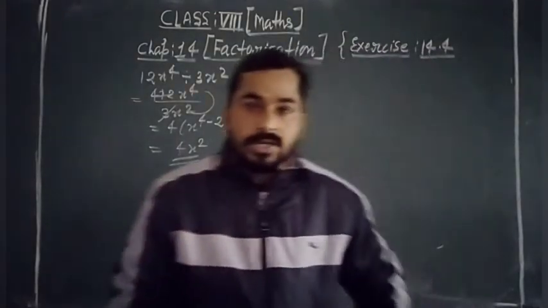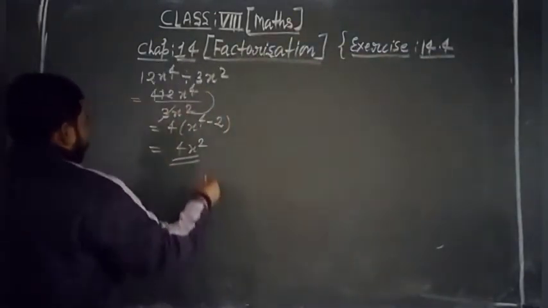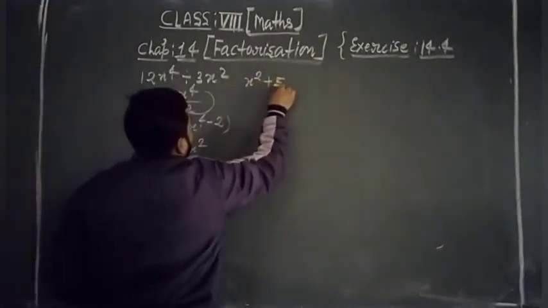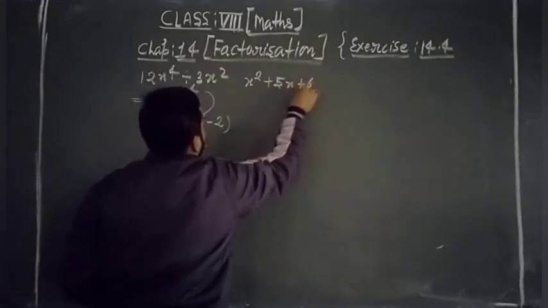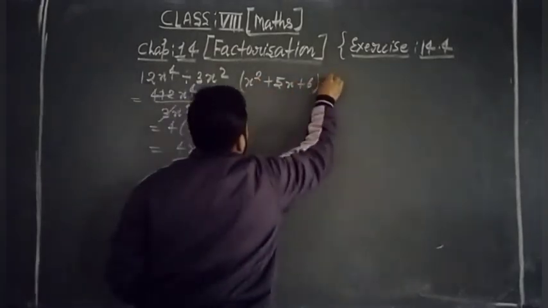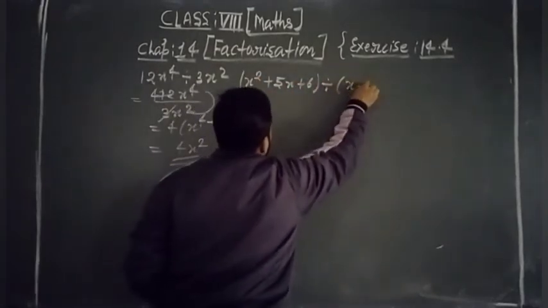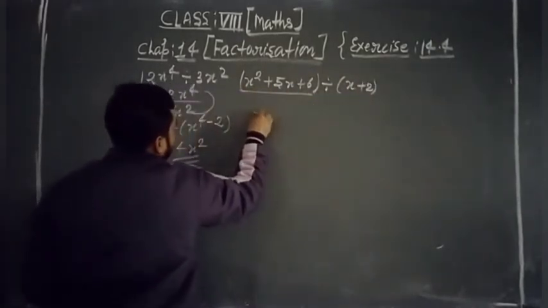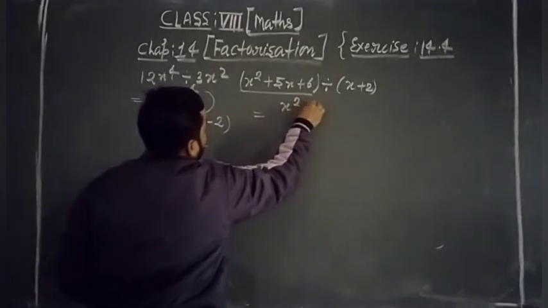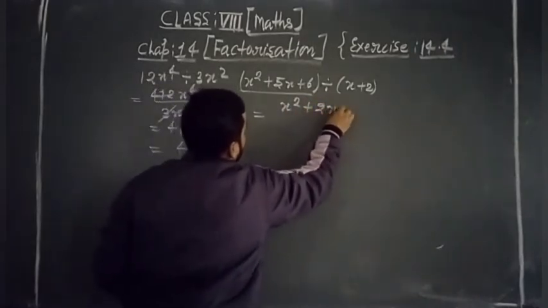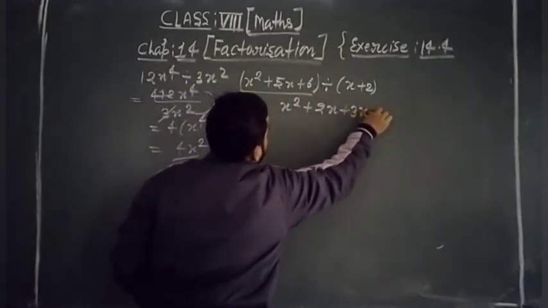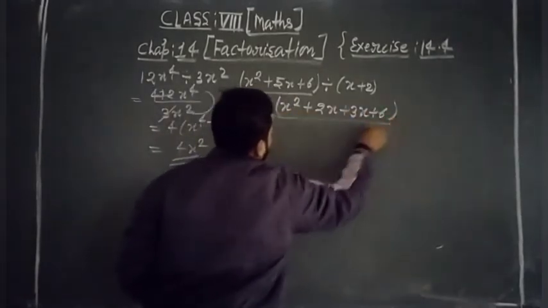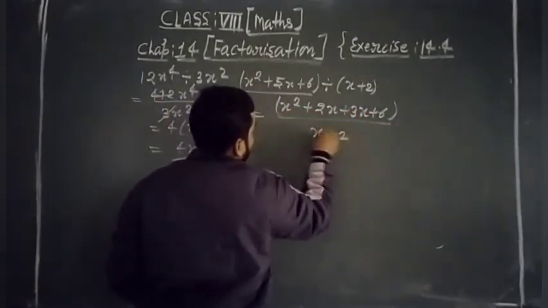If we have a trinomial like x square plus 5x plus 6, divided by a binomial, then factor this: x square plus 2x plus 3x plus 6, divided by x plus 2.